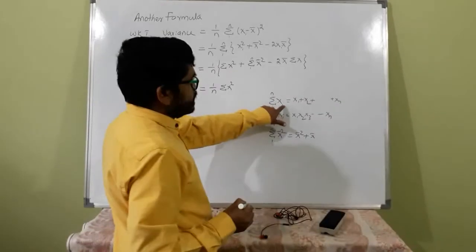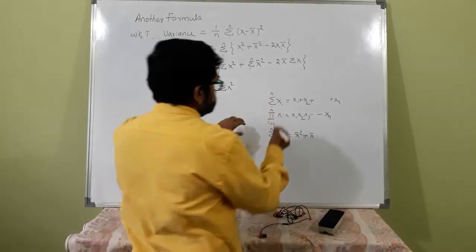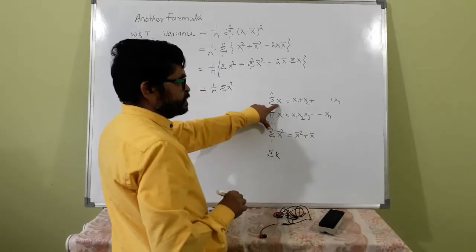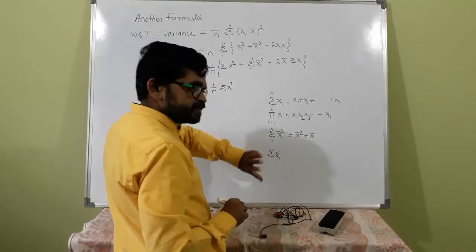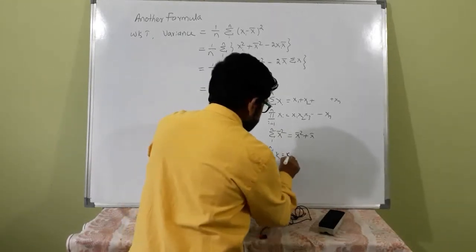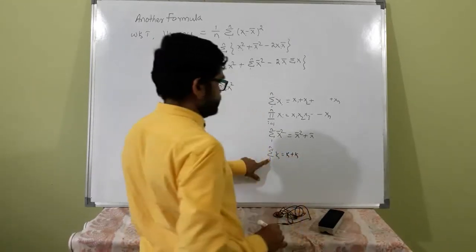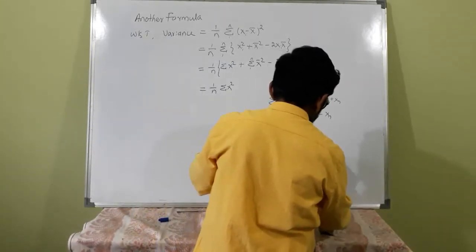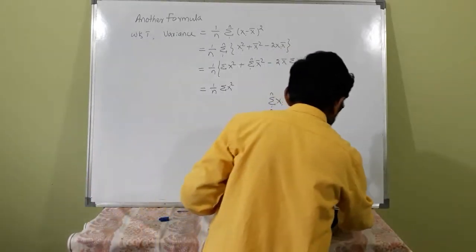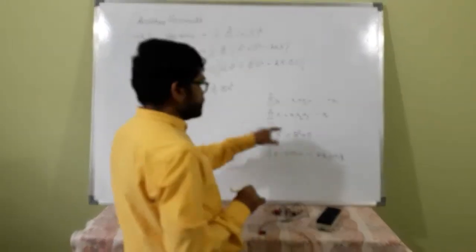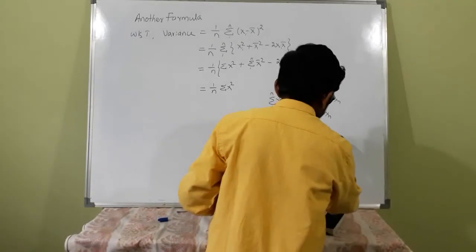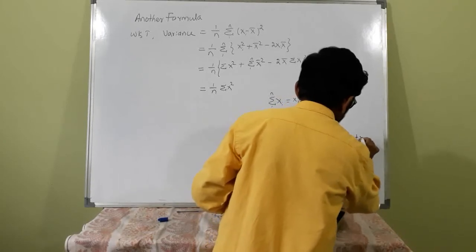See, xi is variable. Suppose summation of k, instead of writing xi, suppose that is constant for all i values. 1 to n means when i is 1, this is k. When i is 2, this is again k. When i is 3, that is again k. When i is n, that is again k. How many k's are there? n k. So this will be nk. Similarly, this will be x bar square plus x bar square, so on up to x bar square.